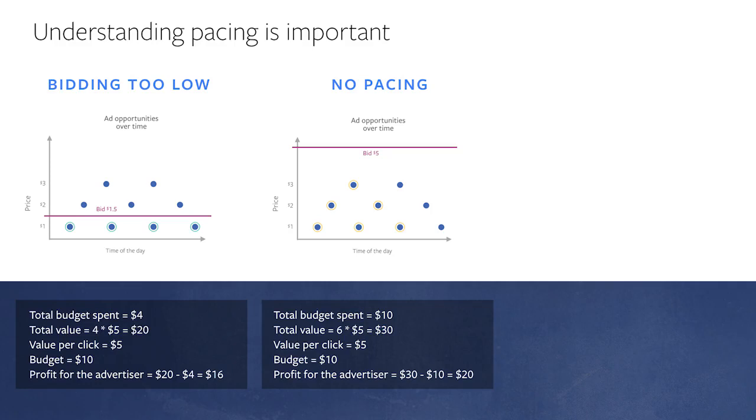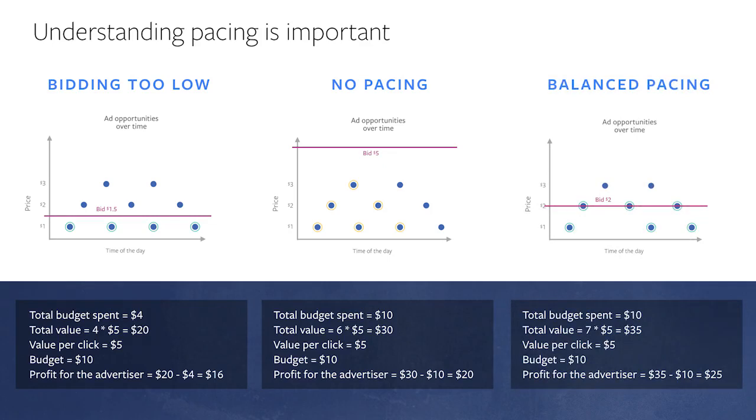When we take these two scenarios and compare them against the paced version of what could be possible, the result is slightly different. The way pacing works is Facebook tries to spread out the overall budget across a 24-hour period. It's not done equally; it takes into account spikes in traffic we see on a regular basis due to time of day, seasonality, and weekends. It tries to maximize the number of opportunities available across that 24-hour window.